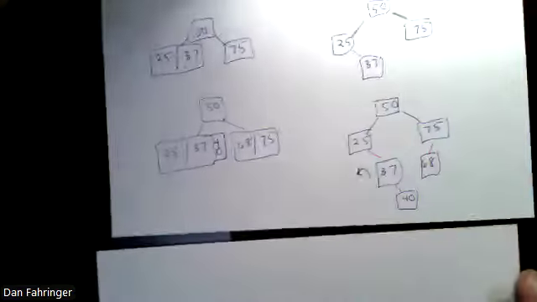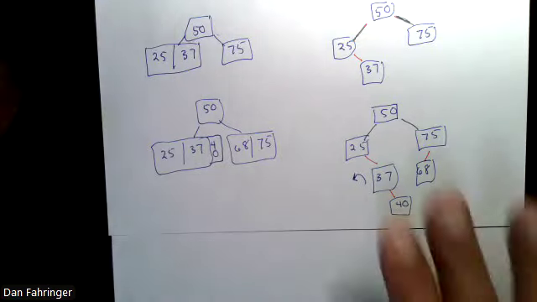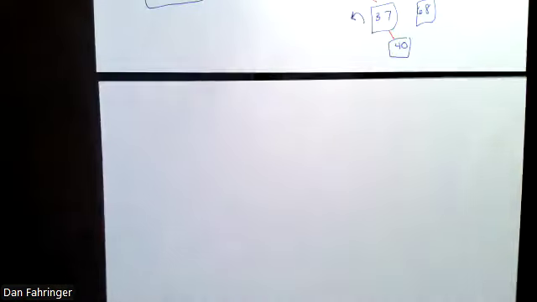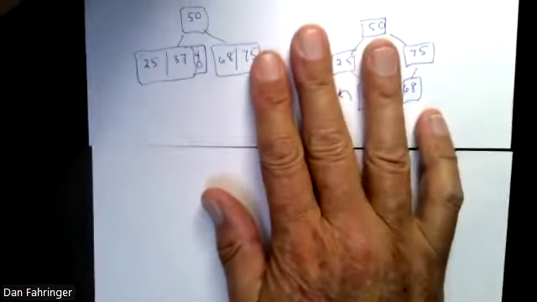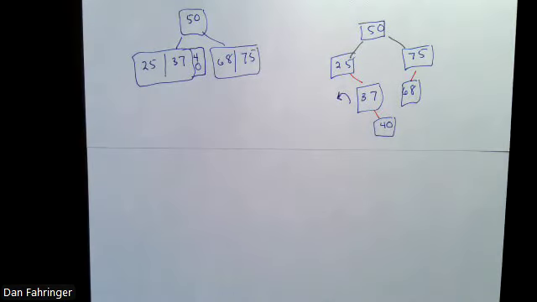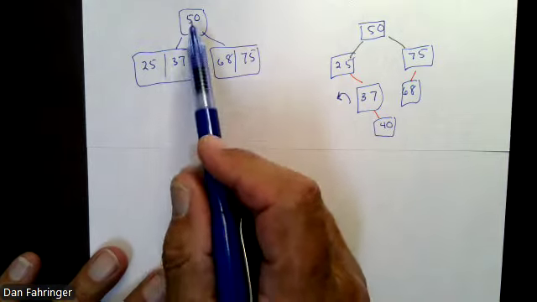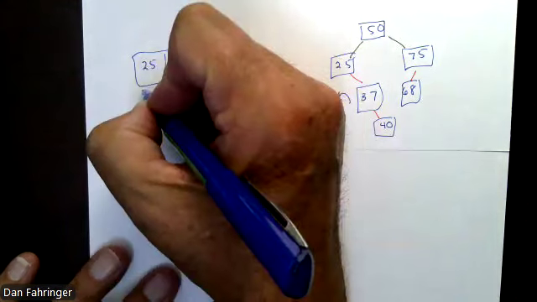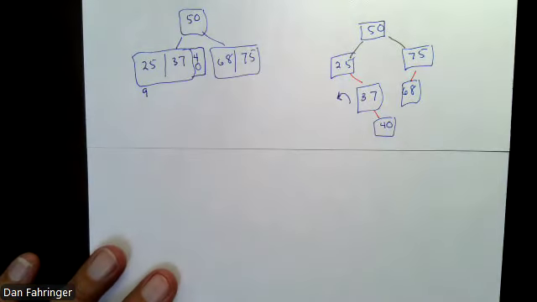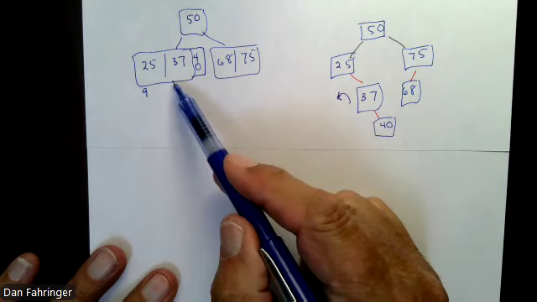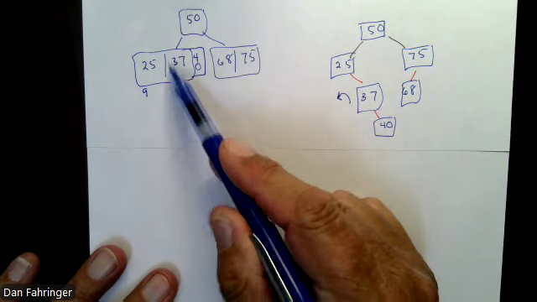Alrighty, rocking and rolling. We just added 40. The next number we're going to add is 9. Where's 9 going to go? Over here. It's going to join this party. It's less than 50. It's going to jump on to this side. And 37 is now going to go up.